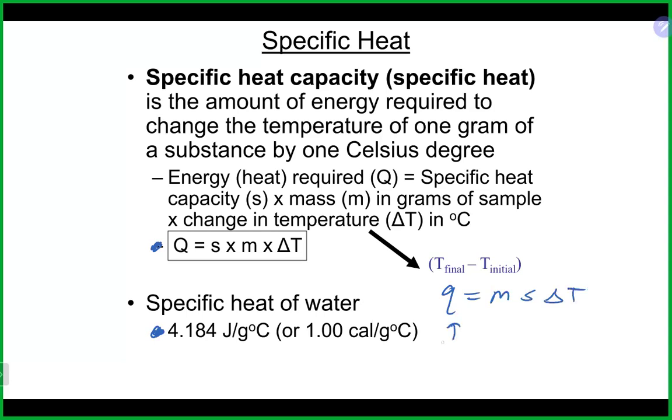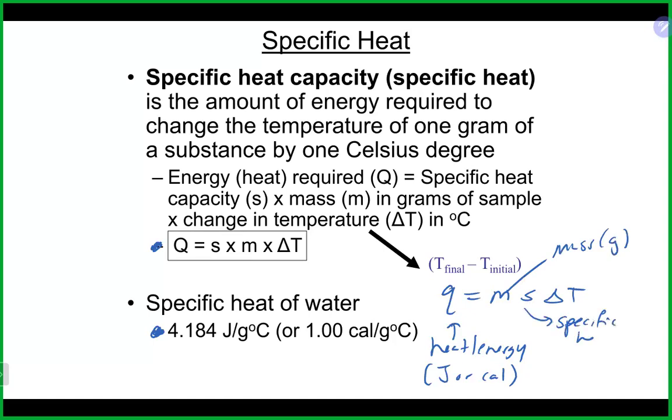Q is heat or energy. It typically will have units of joules or little calories. M is mass, which will typically have units of grams. S is the specific heat capacity, and it will have units of joules per gram per degree Celsius or calories per gram per degree Celsius.